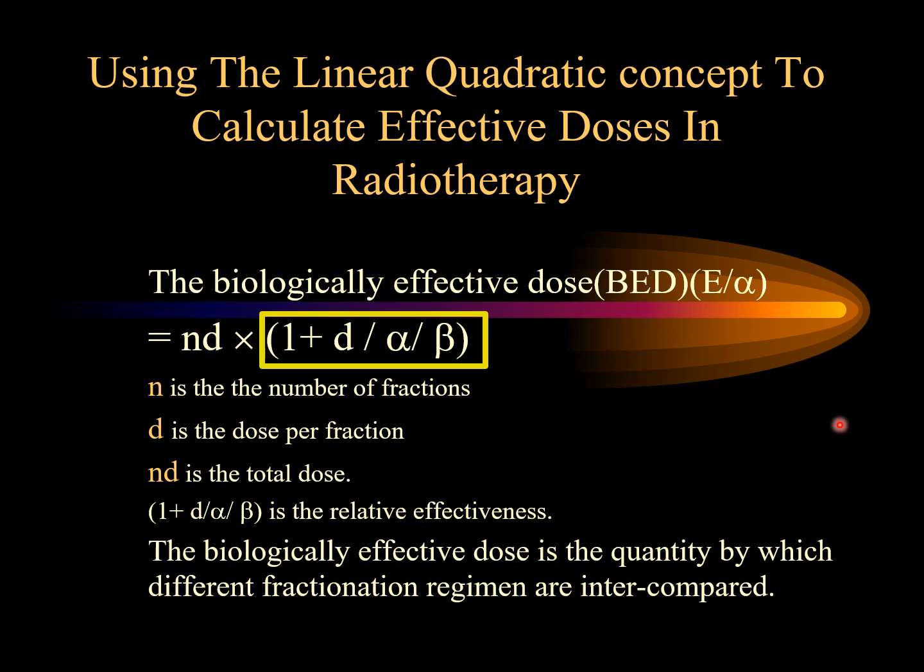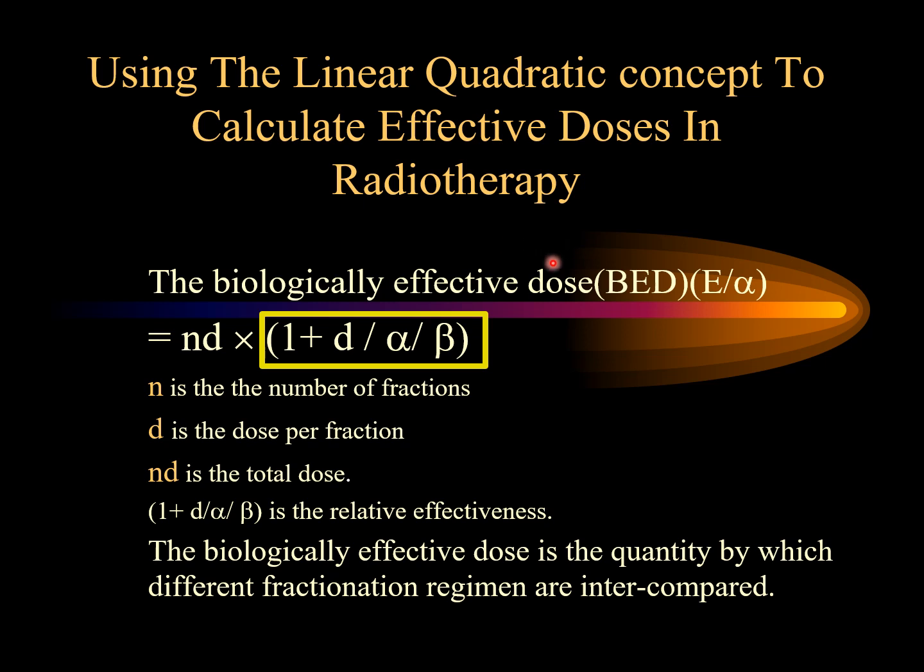This equation, there are 2 equations that we will have to remember today, and there is no excuse not to know it, and it's a very simple equation. If you understand the components, you just put the components in your mind, total dose here, dose per fraction here, and the alpha beta ratio is there, and ND multiplied by, open the parenthesis, 1 plus D over the alpha beta ratio.